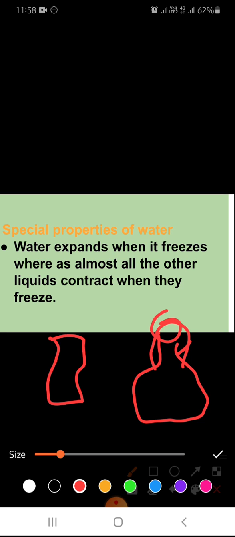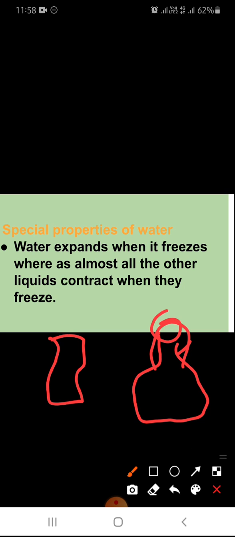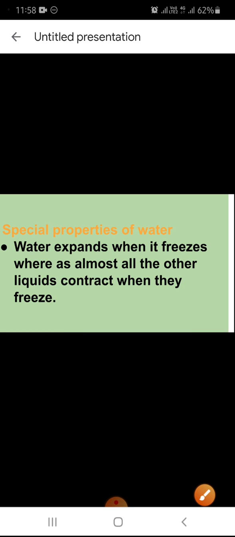Cold drink bottles also contain water, and carbon dioxide is also there inside the bottle, so it may burst. So we should not place cold drink bottles inside the freezer. Inside the fridge you can place them, but not inside the freezer. This is one of the properties of water.